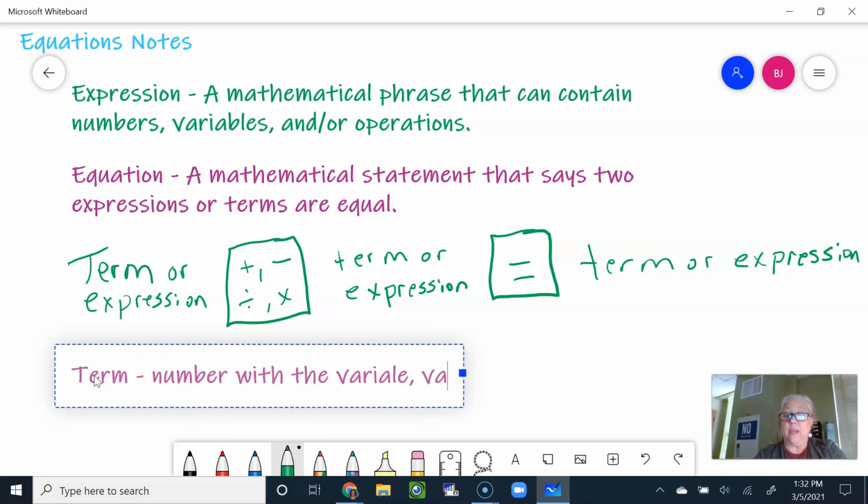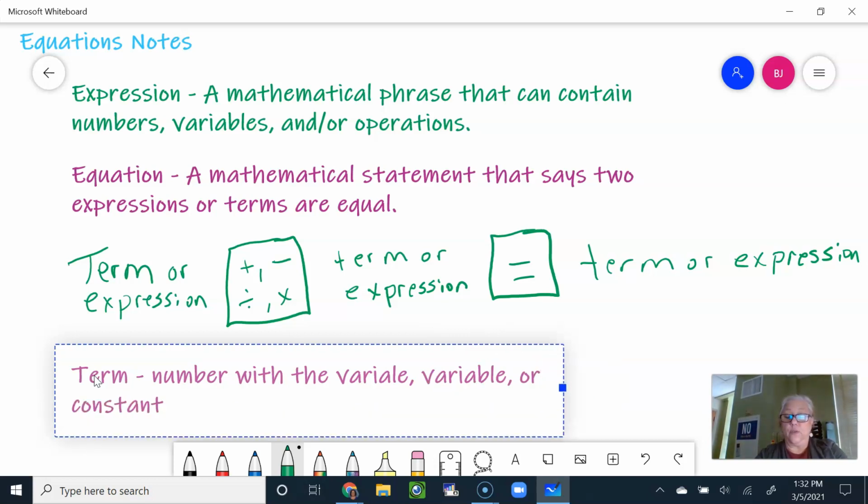It could also just be a variable, or it could be a constant. So if you'll dig back in your memory, we've talked about what a term is. At this time, I suggest that you take a moment, pause the video, and write this information down.